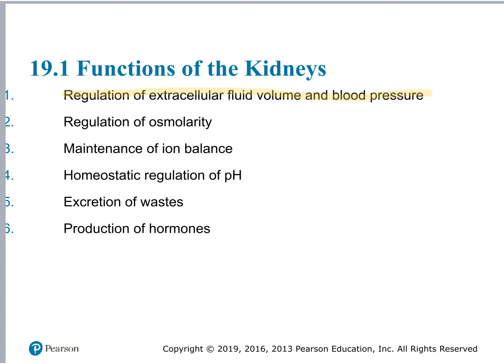Well, the kidneys can also help regulate the blood pressure by regulating how much fluid leaves the circulation and goes into the bladder. So the kidneys can conserve more fluid in order to raise your blood pressure when it gets too low, or it can put more fluid into the bladder in order to lower the amount of fluid in your cardiovascular system, which will then lower your blood pressure.